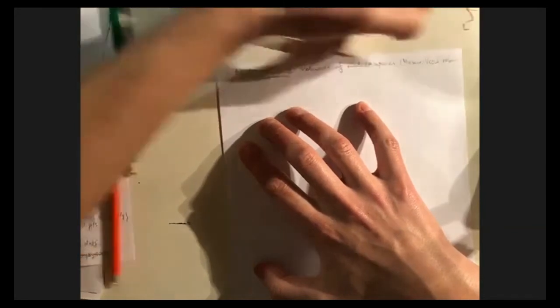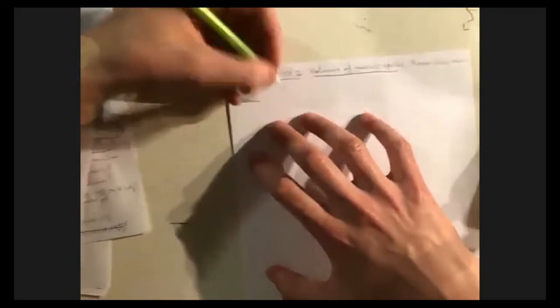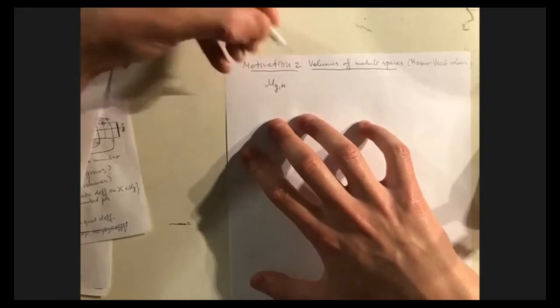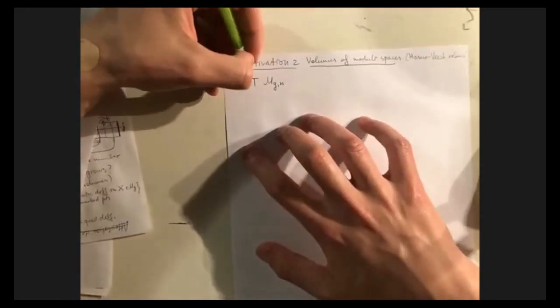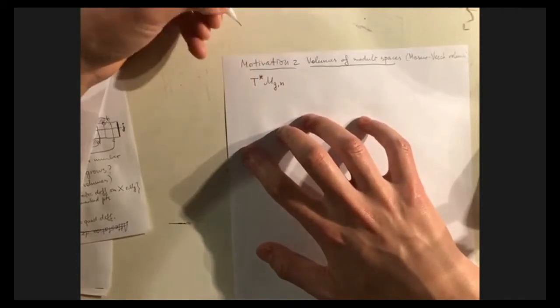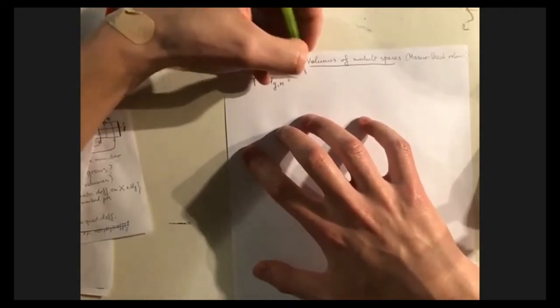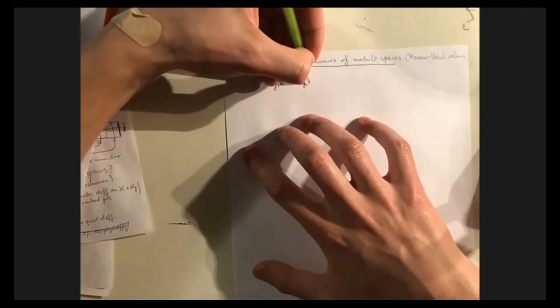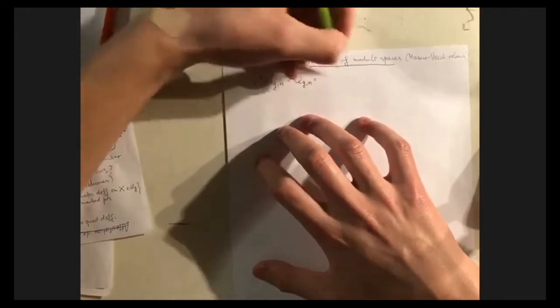I'm going to talk about a particular example of such volumes. If we consider the moduli space of algebraic curves of genus g with n marked points, then the cotangent bundle of that space can be identified with the moduli space of meromorphic quadratic differentials.